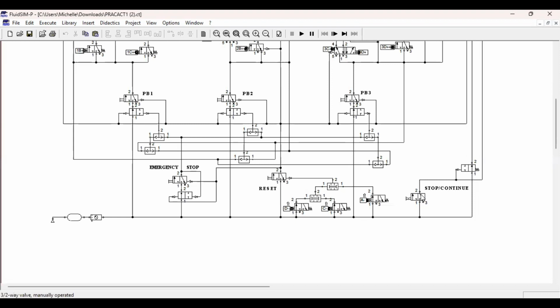And para mangyari yun, gumamit kami dito ng 3-way valve as a push button with a latching. And it is connected and a two-way valve here that is electrically connected to this push button and having a spring return to its left side.